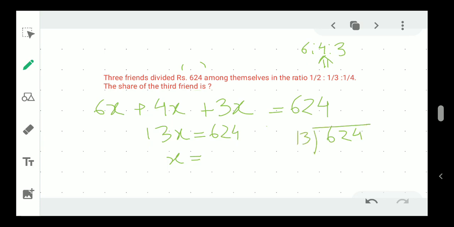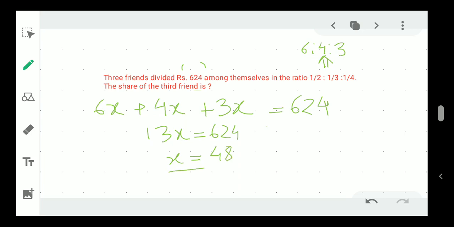So we have to just calculate how much 624 divided by 13 is. If you divide, your answer will come 48. First it will go 4, then it will go 8. I am doing it fast, but you can do it and check. The answer will come 48.